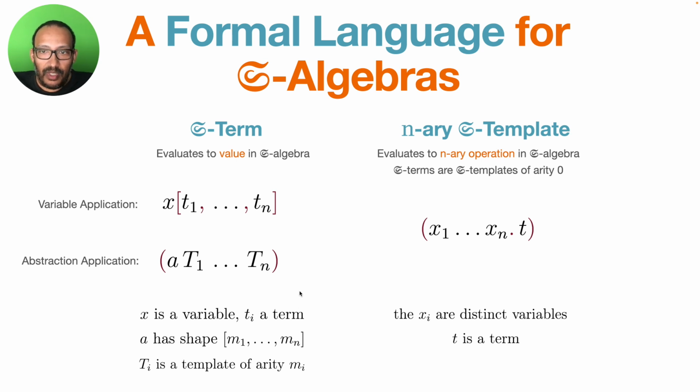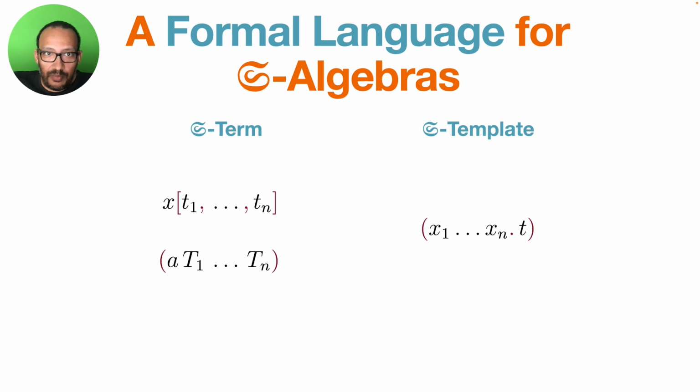All right. And just to emphasize how simple this formal language is, there are just these three constructors. They're very simple. Variable applied to terms, abstraction applied to templates, and a term where we bind variables forms a template. And that's it.